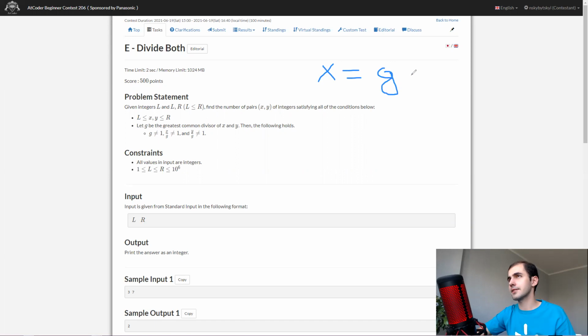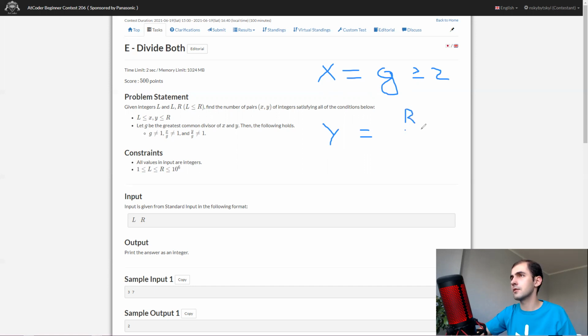So let's say we have x equal to g. G is at least 2 because g is not 1. How to count how many values of y are divisible by g? Because what we really want is for x and y to have GCD of g. So because x is equal to g, it means that y should be just divisible by g, which is just a very clean formula for that.